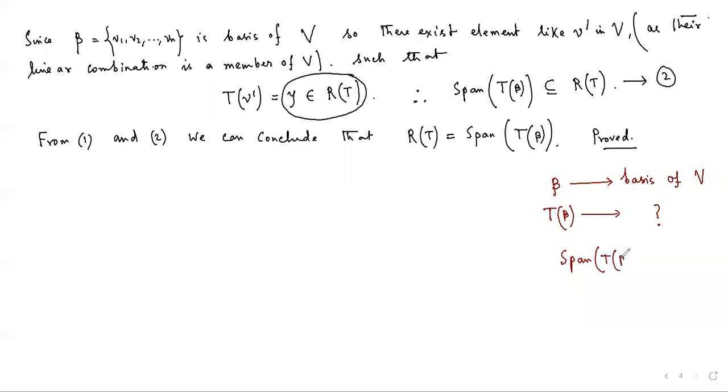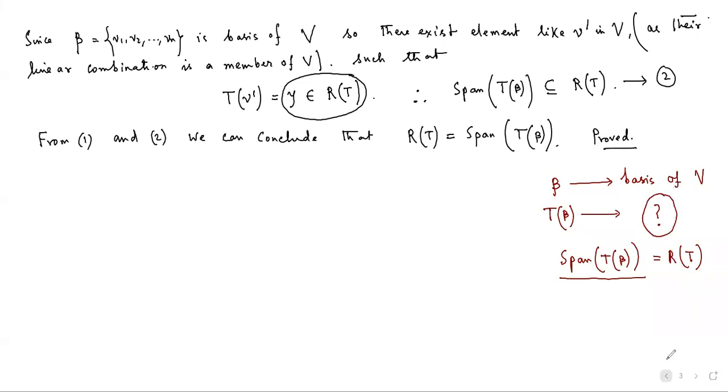Spanning sets are not always bases. Only if the vectors of the spanning set are linearly independent is it a basis. Span of T beta justifies that the elements of T beta can be taken as a linear combination to describe an element of RT. But whether T beta can be considered as a basis has not been clearly mentioned in this theorem. So this part is not actually clear to us.